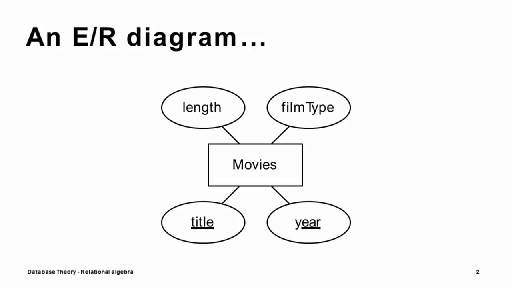And you also know that some of these keys are better than others, and that it is quite hard sometimes to find a good key. And the keys can be just one attribute, or there might be a combination of them. And you also know that those ovals are the attributes, and the square or the rectangle is the entity.